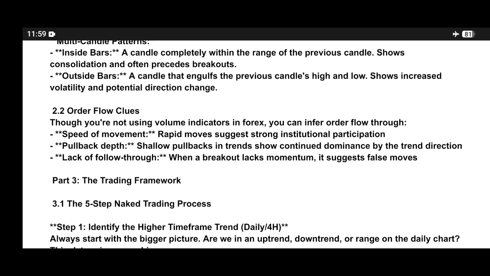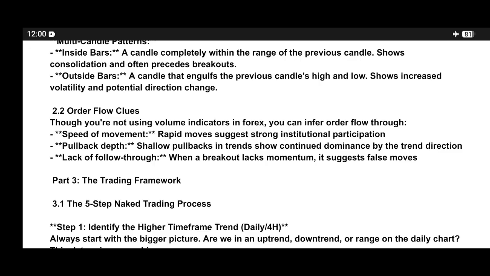You can basically see the percentage of people trading a particular asset. This is what order flow helps you understand. So 1, speed of movement. Rapid moves suggest strong institutional participation.